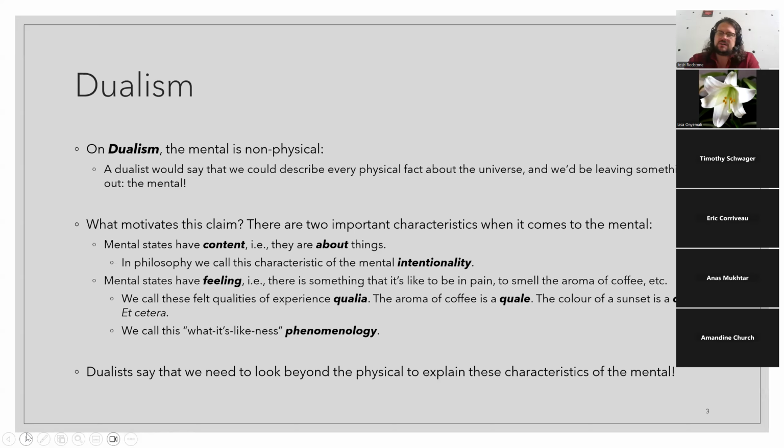Think of the aroma of coffee, right? You can tell I'm not sufficiently caffeinated yet because I keep drinking the coffee, but coffee has a particular taste. It's different than tea, or even the different purveyors of coffee on campus, right?